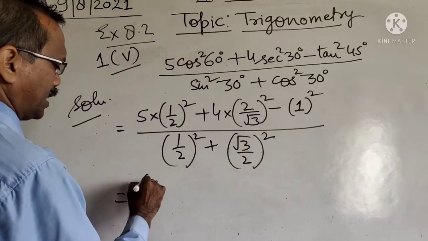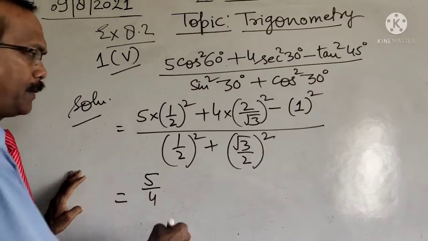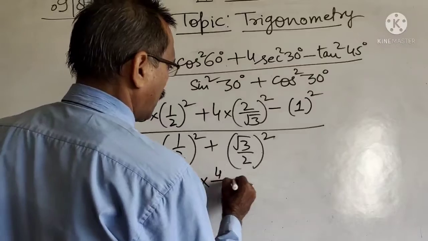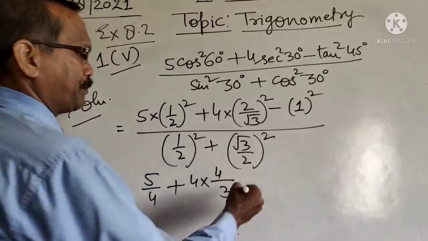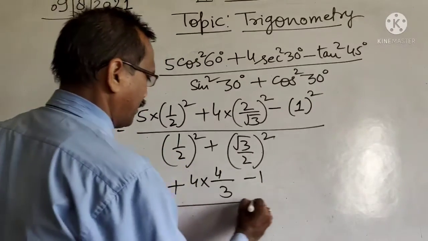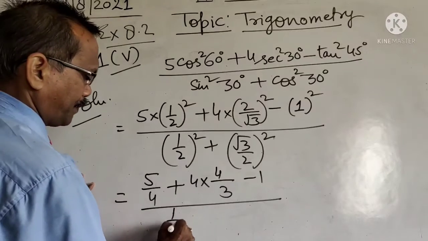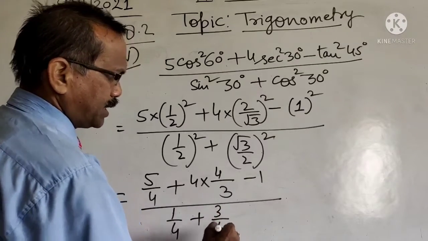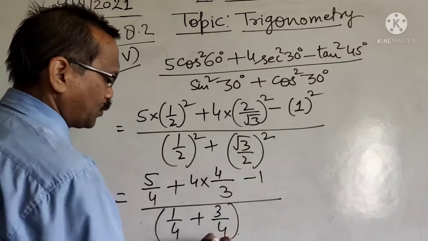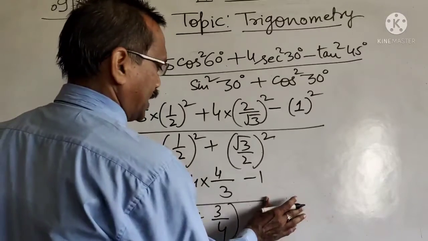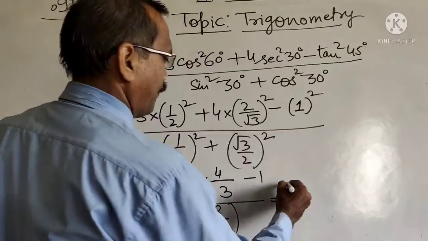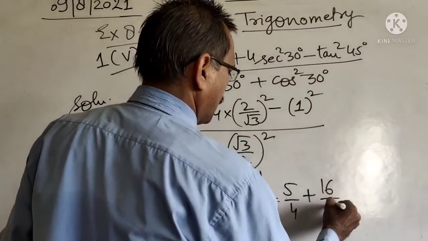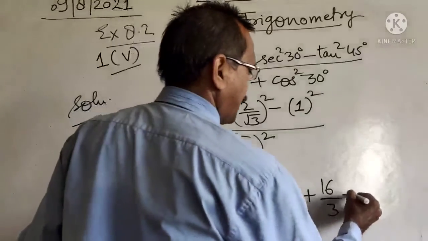Then it is 5 upon 4 plus 4 into 4 upon 3 minus 1, divided by 1 by 4 plus 3 by 4. Dear student, it is 1. So it is simply 5 upon 4 plus 16 upon 3 minus 1.